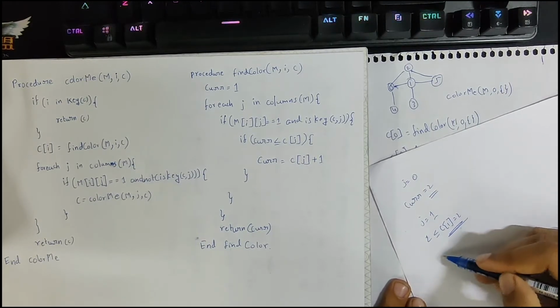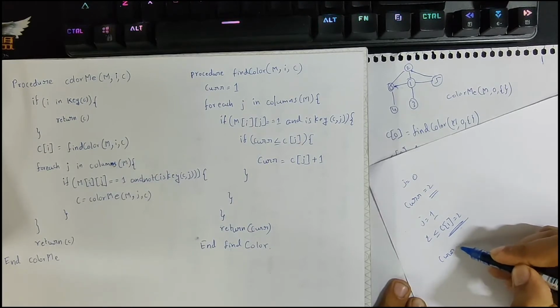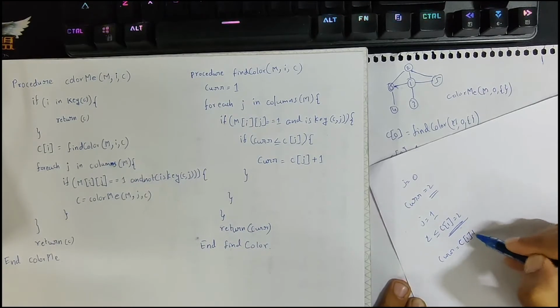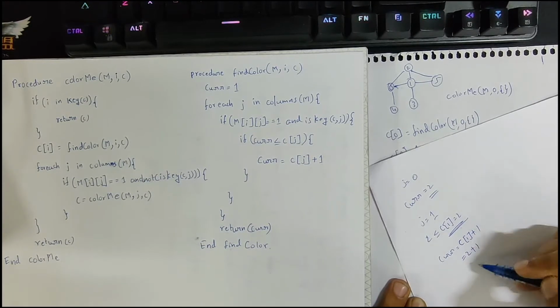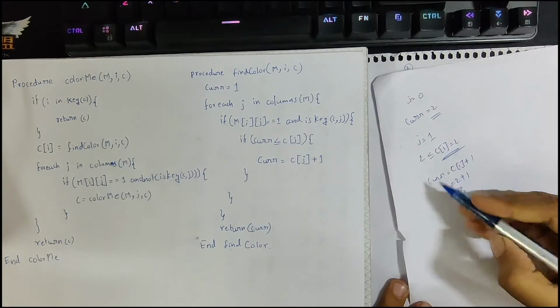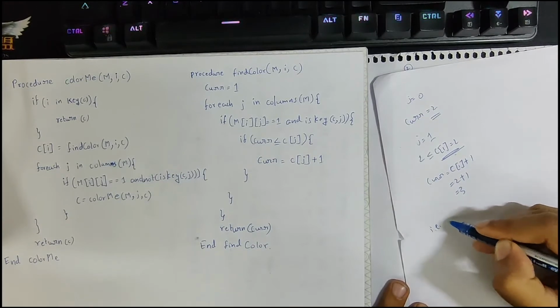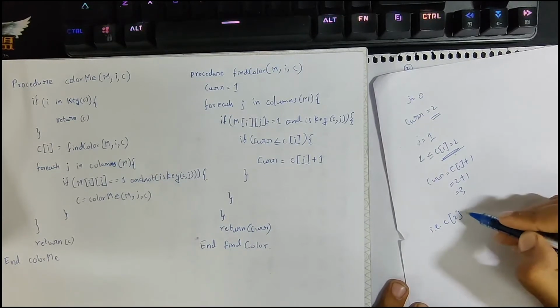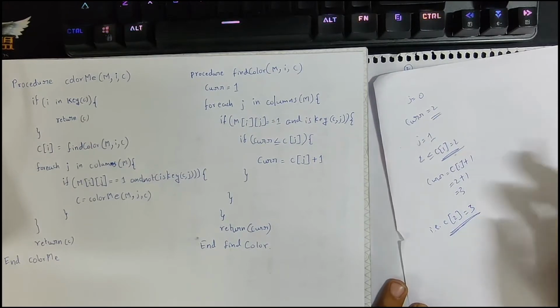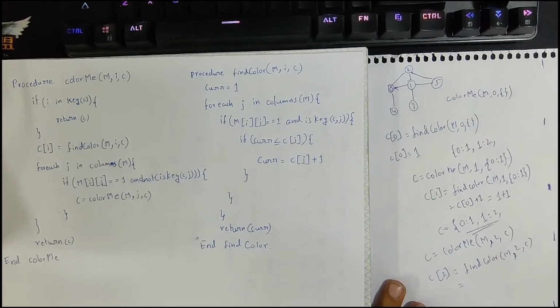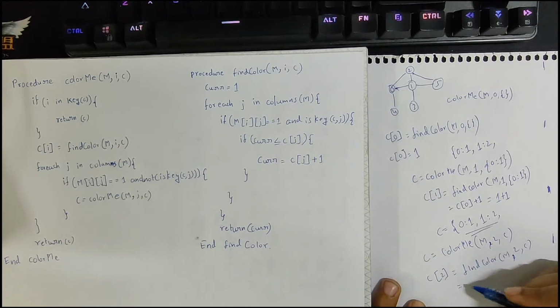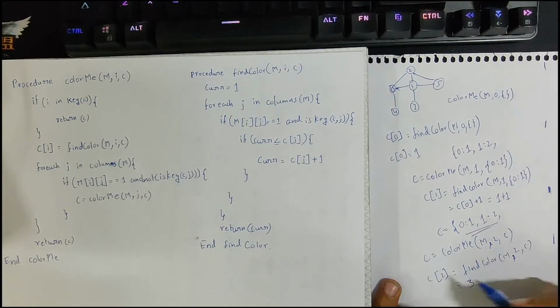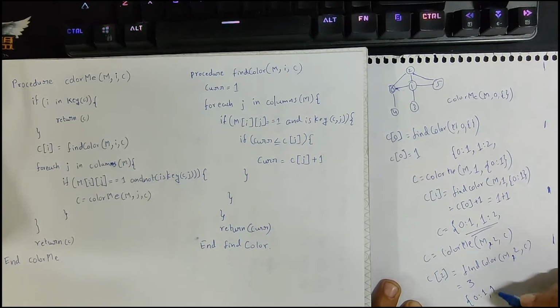The new current value will be c of 1 plus 1, that is 2 plus 1, 3. That is, we'll get the final value of c of 2 as 3 from find color. So c of 2 will be 3 and our dictionary is 0:1, 1:2, 2:3.